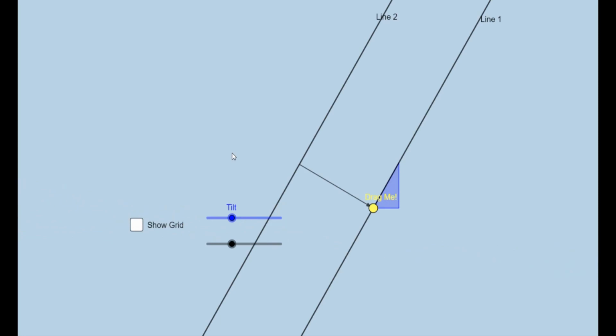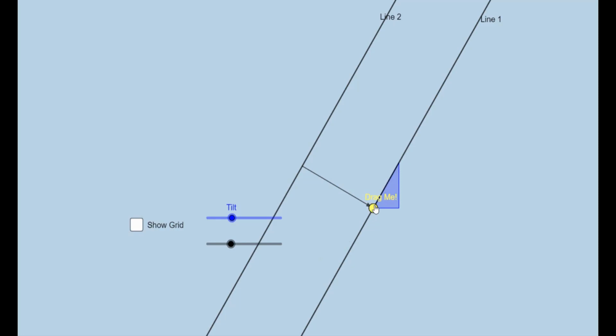Okay, so here are two parallel straight lines, which we will call line 1 and line 2. Here is an option to tilt the lines and change their orientation, and using this we can increase and decrease the distance between them. But one thing that stays the same is that these two lines are parallel.